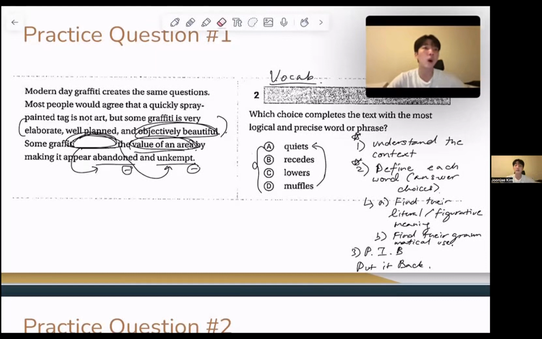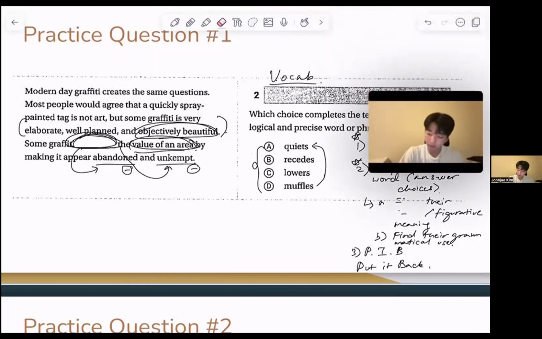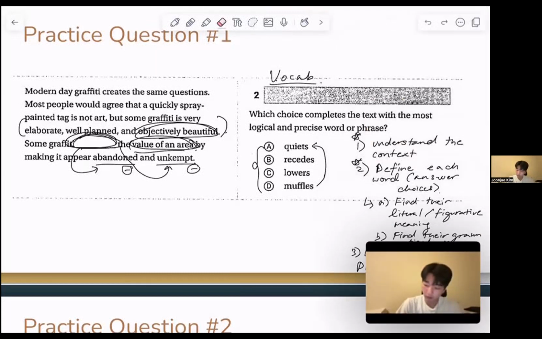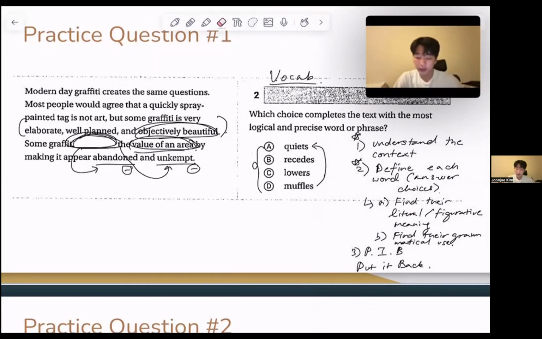Whereas quiets is a more general term. So in this case, because D is ultimately more specific, the literal meaning is ultimately much greater than the figurative meaning. In this case, muffles would not be the answer either.